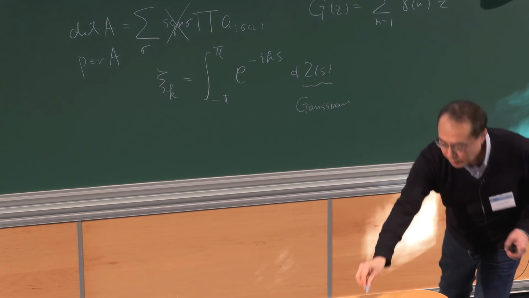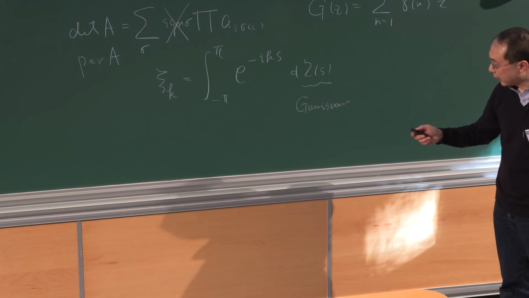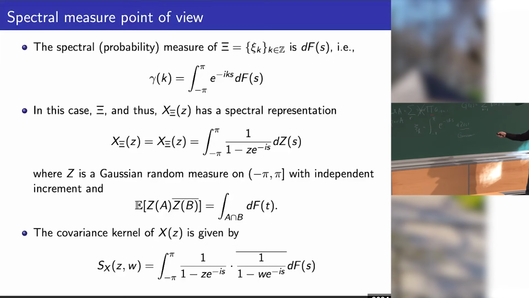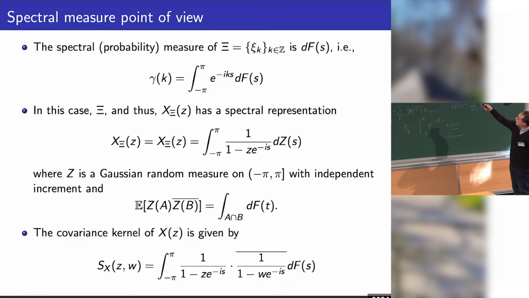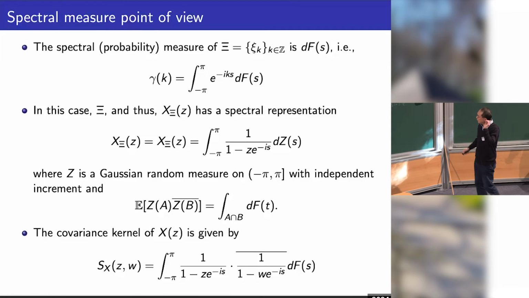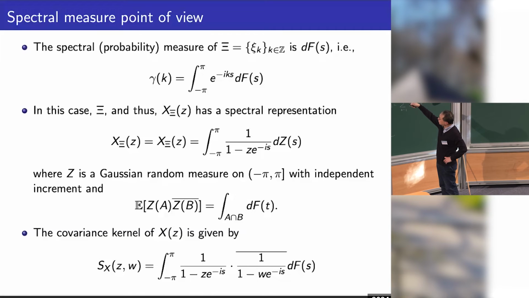This is a stochastic representation of the discrete process psi k. We use this formula to compute the xz, the GAF, and then by using this formula the covariance kernel is given like this.